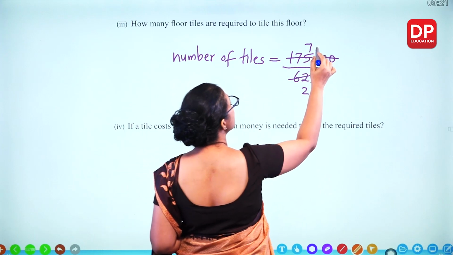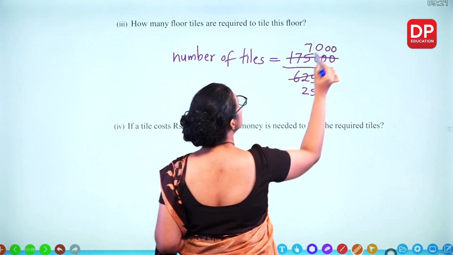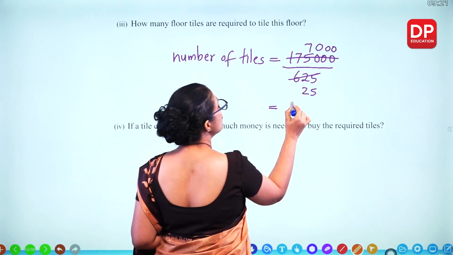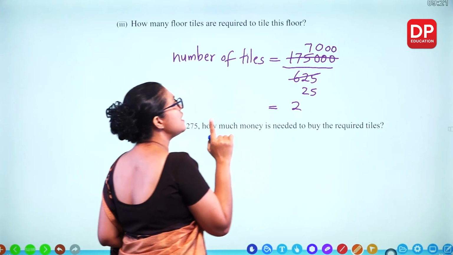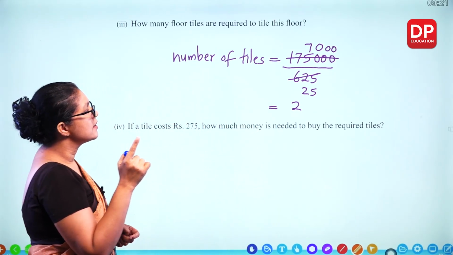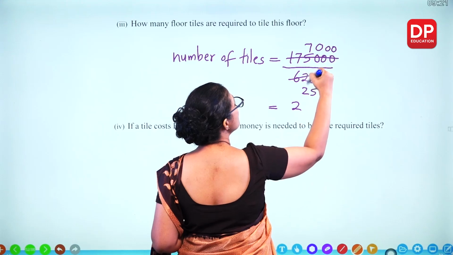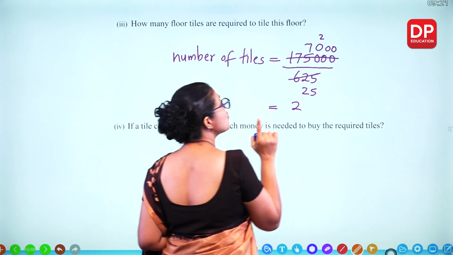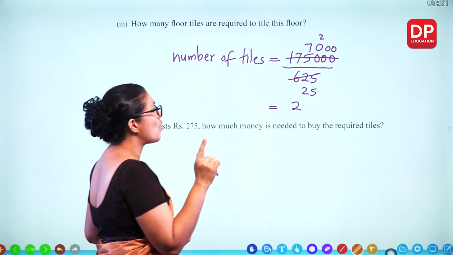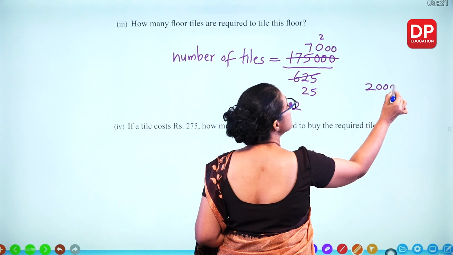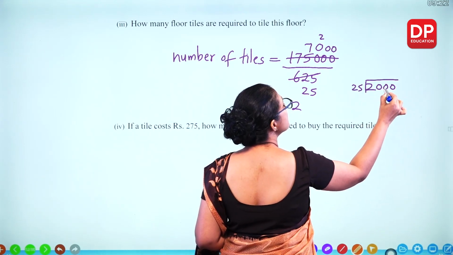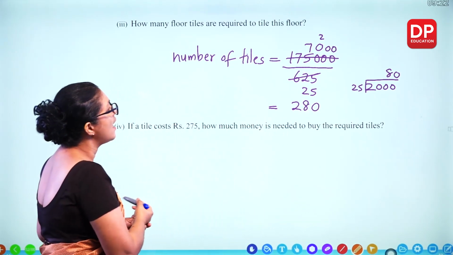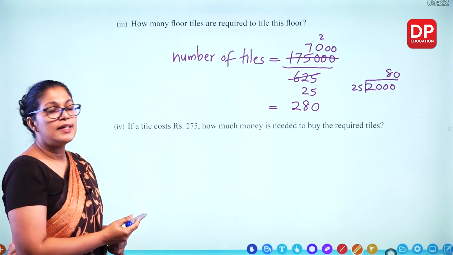That's 175. 7,000. Now, how many 25s for 70? That's 2. That's 50. So, for 2,000, 200, 25 times 2, 50. And here 2,000 you are getting. How many 25s are there for 2,000? 2,000 divided by 25, you get 8, so 80. So 280 tiles you need to tile the floor area.